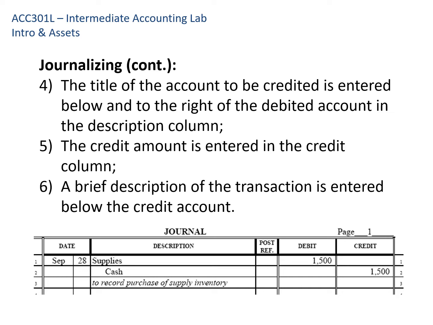There's also then a brief description of the transaction that's entered on the third line, or the line after the last credit. And that description is written there for 2 different reasons. One is it will remind you what it was you were doing when you recorded this entry.